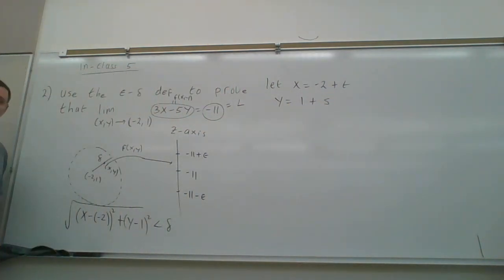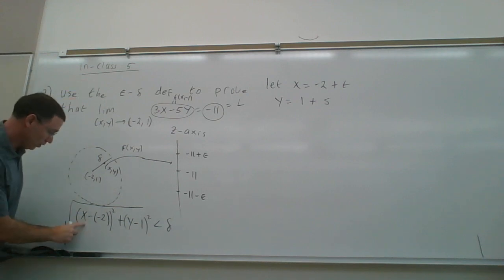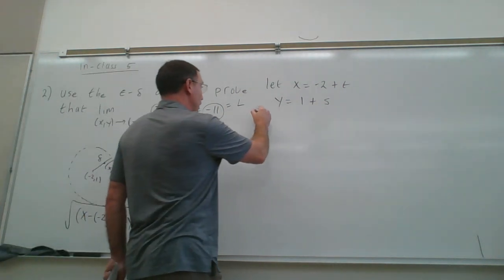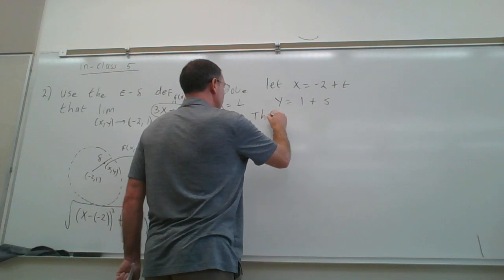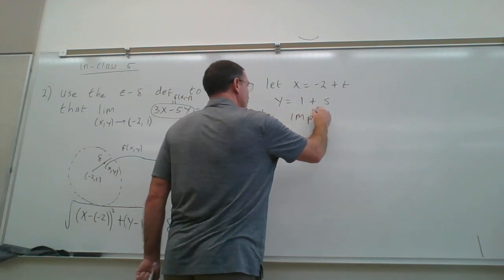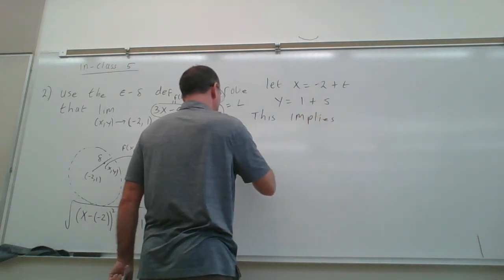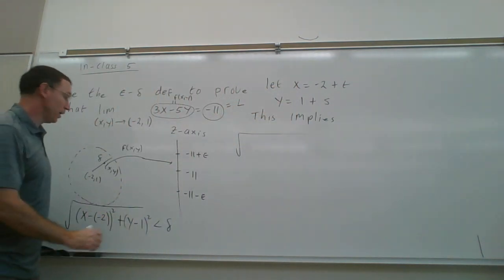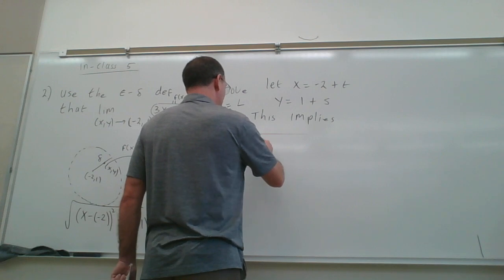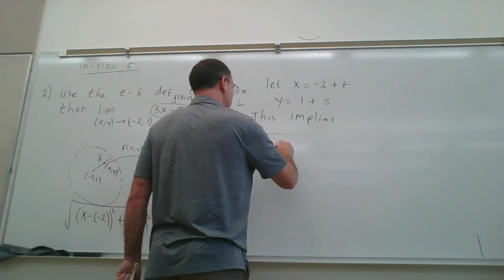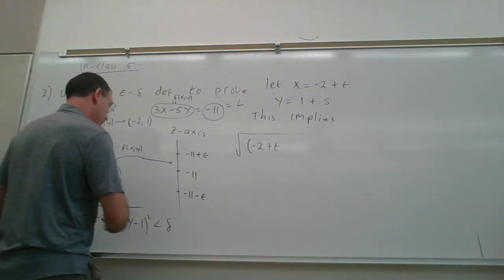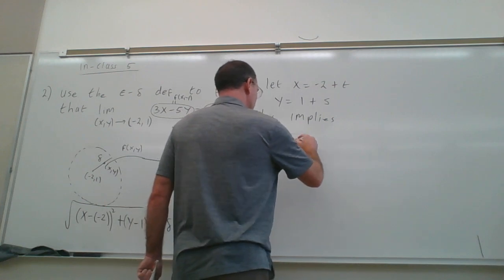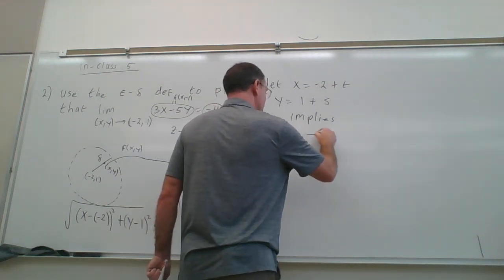So now, if we put in these x, y values into over here, substituting these into x and y, in place of x we'll have minus 2 plus t, and this will then be plus 2, squared, plus.